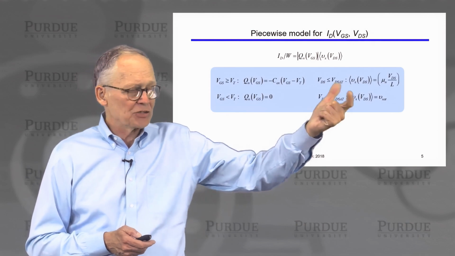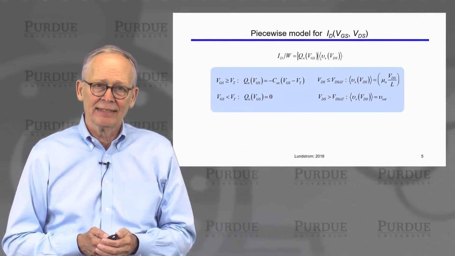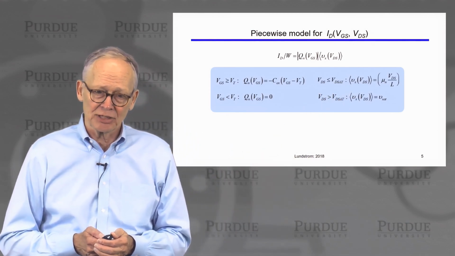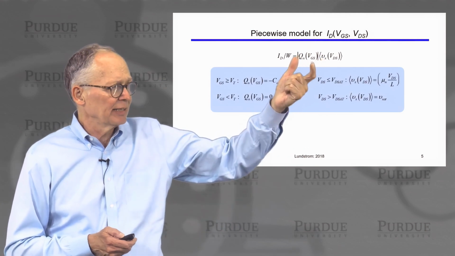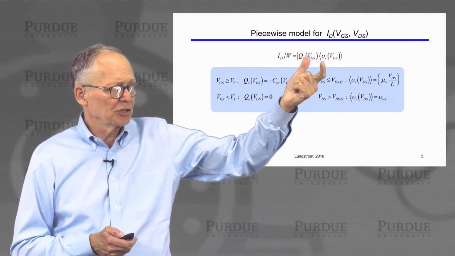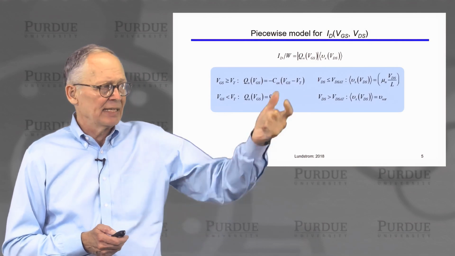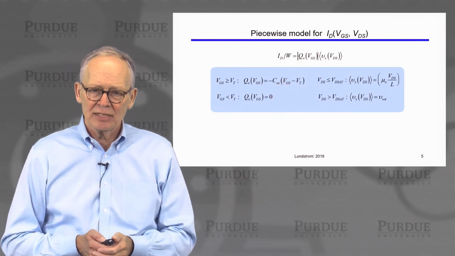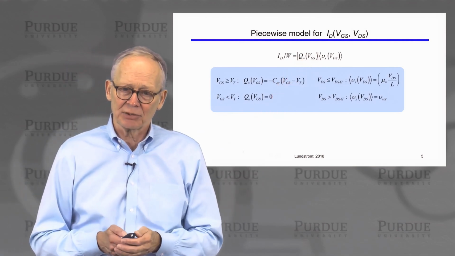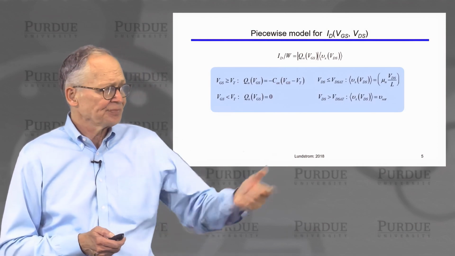We also have an expression for the current in the low drain-to-source voltage regime. The way I'm writing it here is that current is proportional to charge times velocity. In the low VDS range, the velocity is just mobility times electric field in the channel.